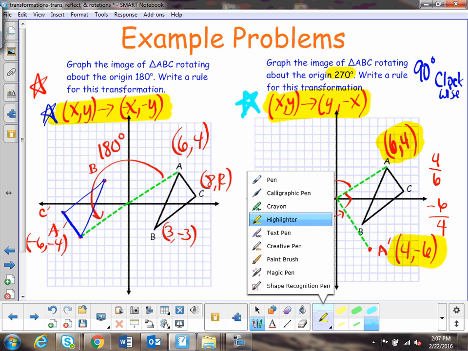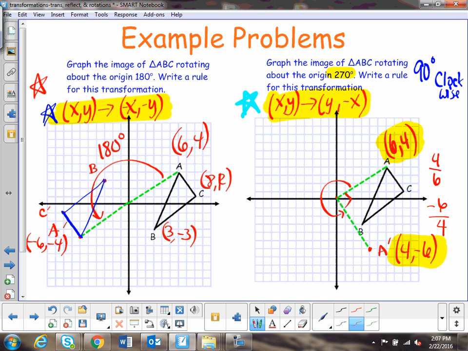C again was at 8, 1. So if C is at 8, 1, what's the new C prime? 1, negative 8. Very good. 1, negative 8. C prime. B is at 3, negative 3. There's the rule.